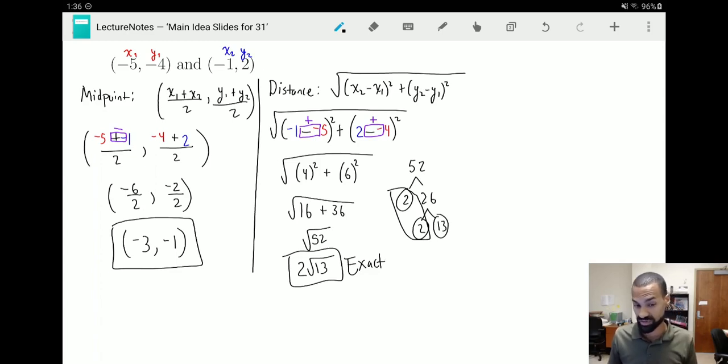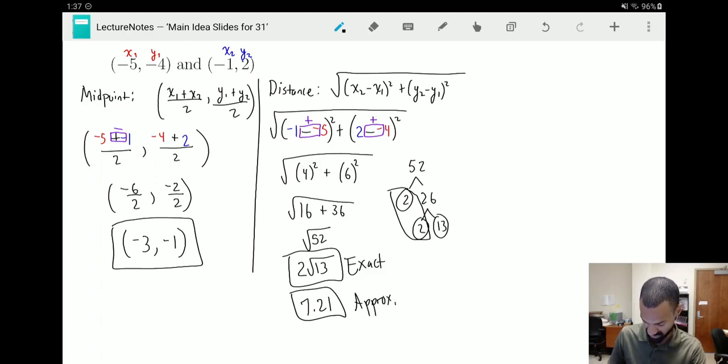Now, if I wanted to find an approximated solution, the approximate value, I would type this in the calculator, 2 times the square root of 13, or just the square root of 52. The square root of 52 is 7.21. So I would say that is my approximated value. I did round it.